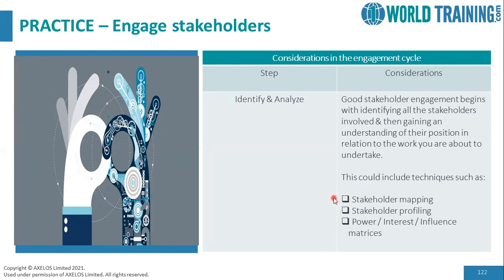And stakeholder mapping can be a more visual indication of who the key stakeholders are and who the less important stakeholders are. They can also be mapped into different quadrants, different corners of a cube, or different circles of stakeholders.